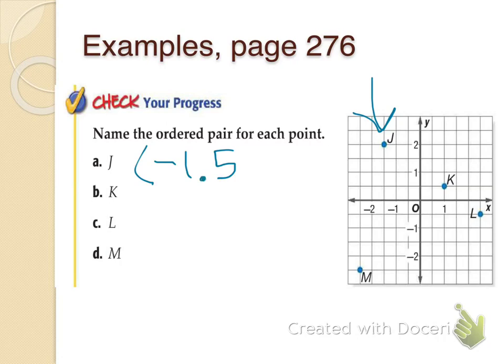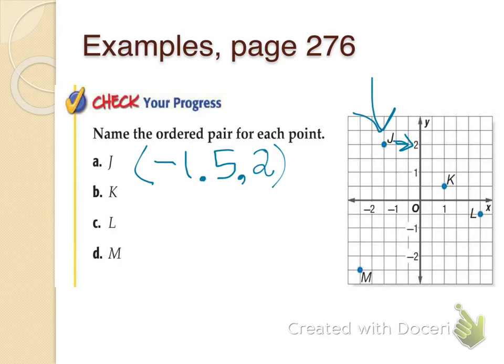Alright, and then for the y-coordinate, I look up and look over and see where on the y-axis this is located. It's located at 2. So I've got (-1.5, 2). Make sure that you close your parentheses.